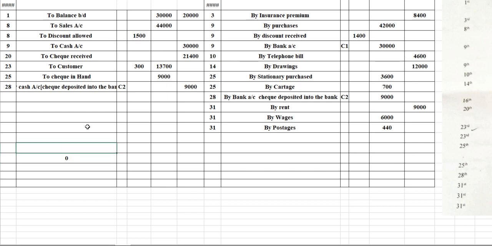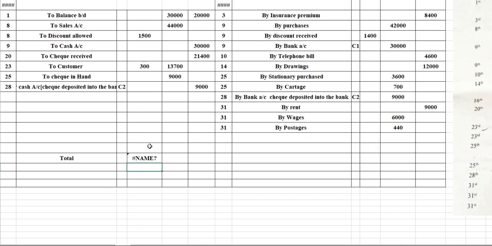Now, leaving a few lines, we will see the total of this. Discount column is this, that is equal to the sum of these two, 1,800, whereas the sum of these all is 96,700.